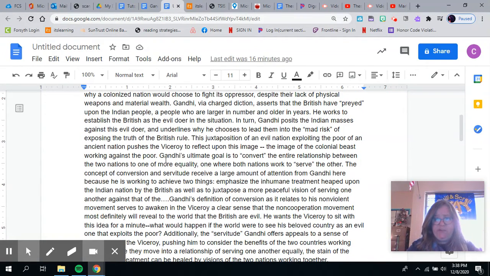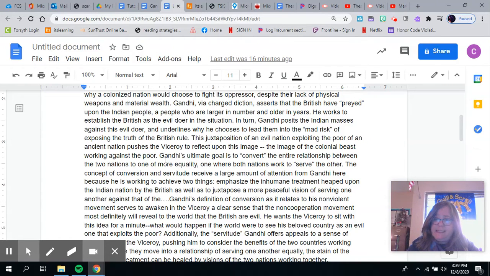So, when choosing your diction words, you do need to be careful because if you're choosing broad terms like powerful, how do you describe that they're powerful? You want to choose a word that's really specific that almost helps you explain it in and of itself. So, "via charged diction asserts that the British have preyed upon the Indian people, a people who are larger in number and older in years."